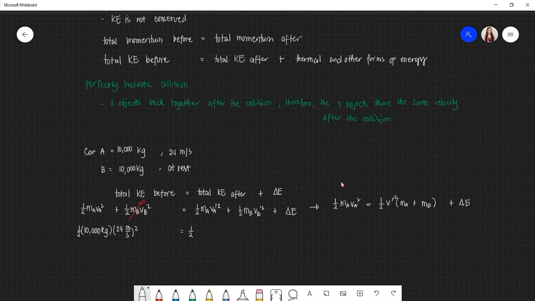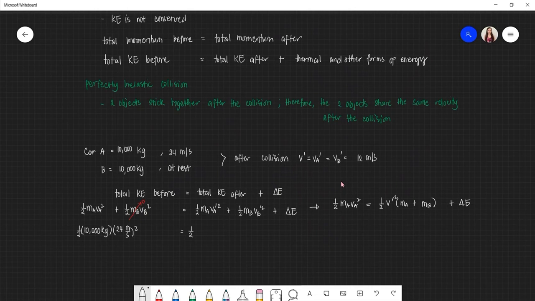So the shared velocity that we solved last time, V prime, which is equal to VA prime and VB prime, is 12 meters per second.